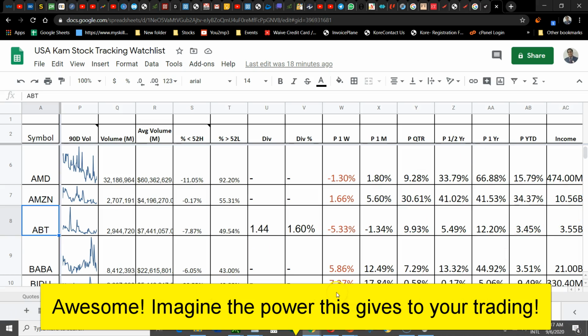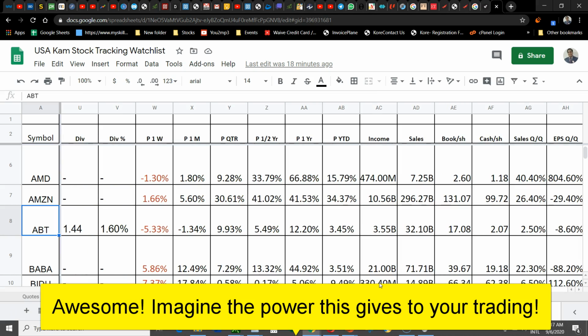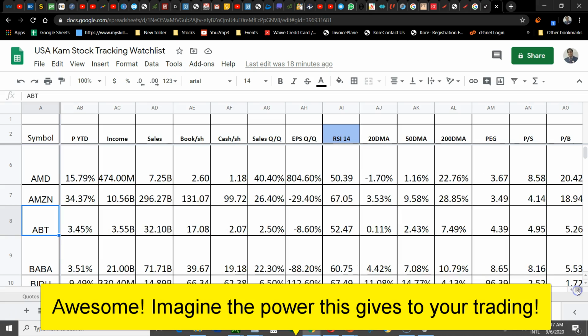Okay, so moving further, I have then brought in other technical and fundamental analysis parameters that help us take a decision, right? What has been the income of this company? What is the sales, the book per share value, cash per share value, sales on quarter, all right, and then also the moving average for last 200 days, 20 days, 50 days, RSI, and stuff like that.